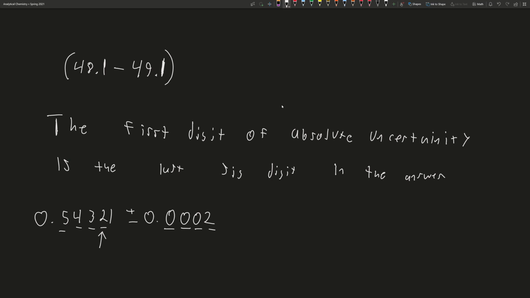So the first digit of absolute uncertainty, so that's this one, is the last sig fig.